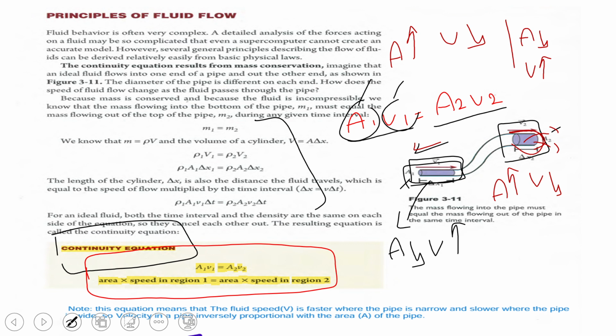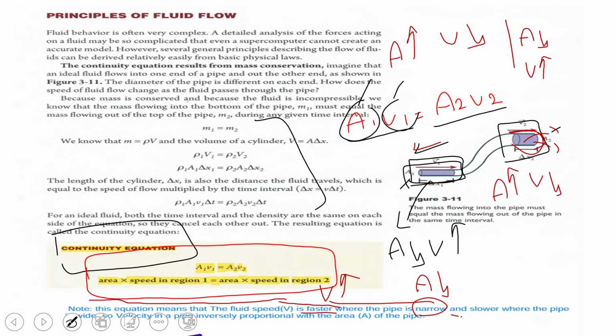So this is important to understand, only this in brief. I even wrote a note for you. This equation means that the fluid's speed v is faster where the pipe is narrow. Faster, narrow, it means the area is small. Where the area is narrow, we get a faster velocity.